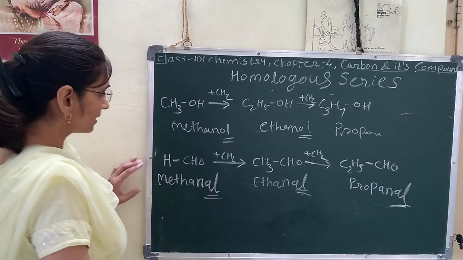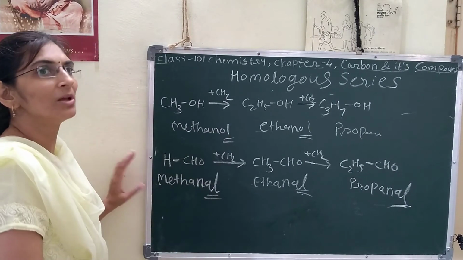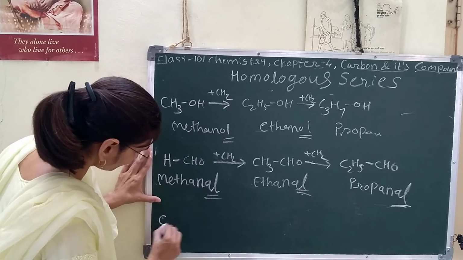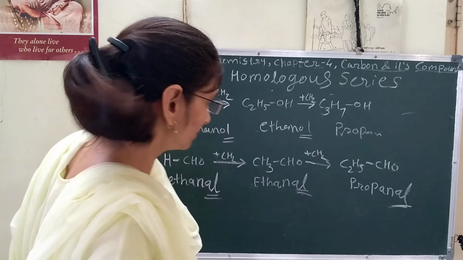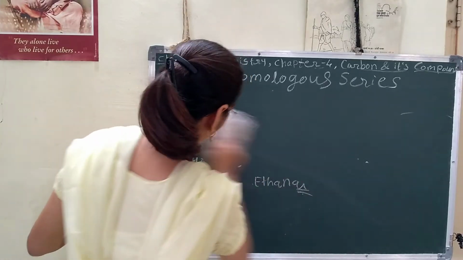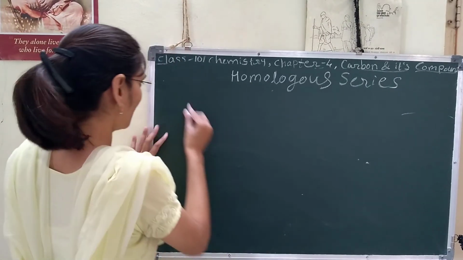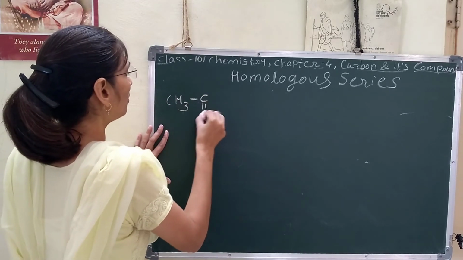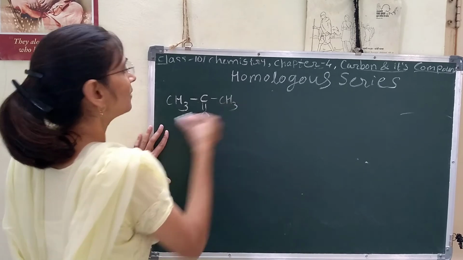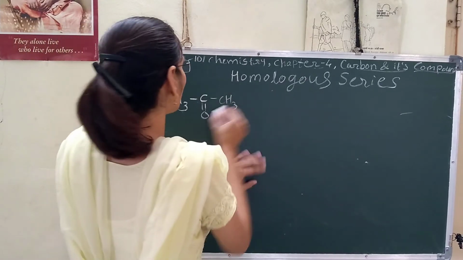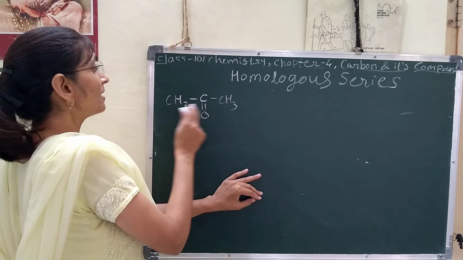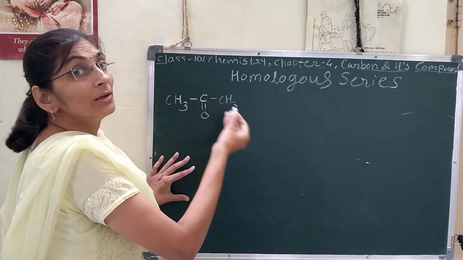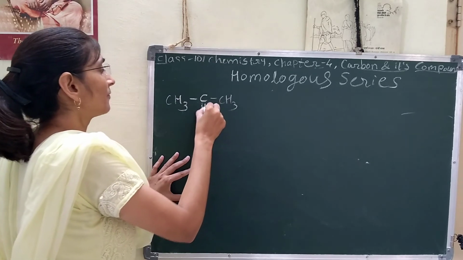Similarly you can make the homologous series for ketone. But what will be the first ketone? CH3COCH3. This is the first member, that is acetone. According to IUPAC, 1, 2, 3, and what suffix will be here?